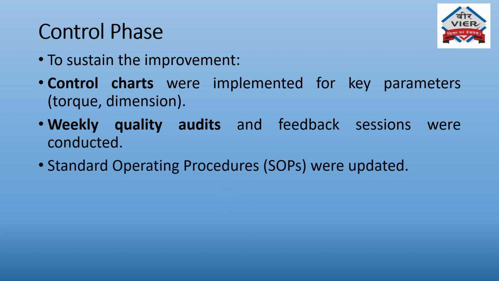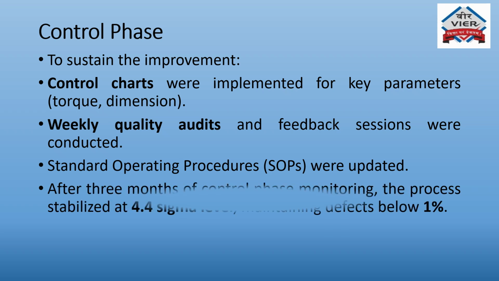Standard operating procedures were also updated. After 3 months of control phase monitoring, the process stabilized at 4.4 sigma level, maintaining defects below 1%, which is 0.8%. So let's see how much improvement the organization has achieved in this case study.